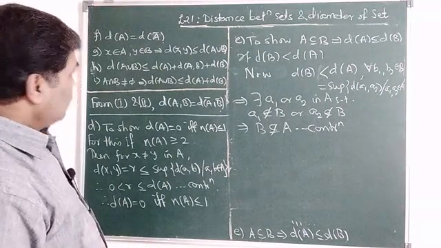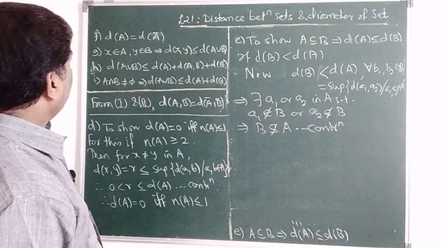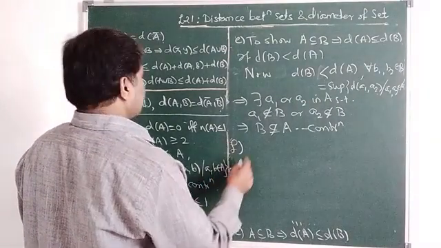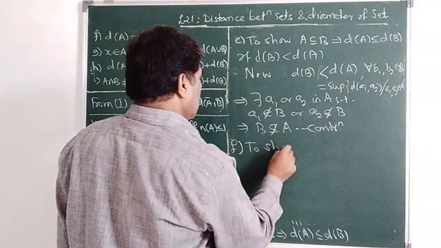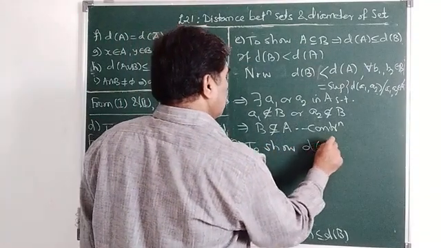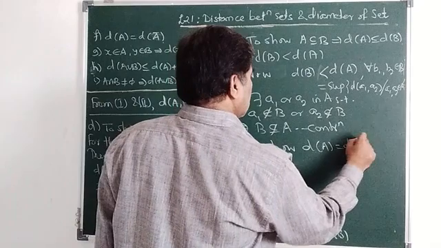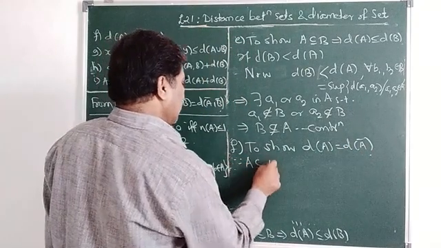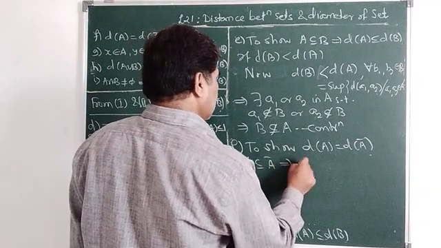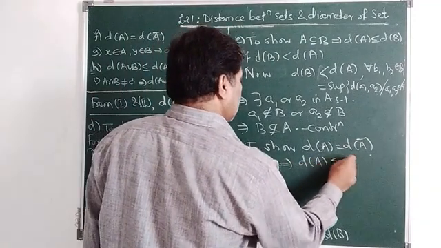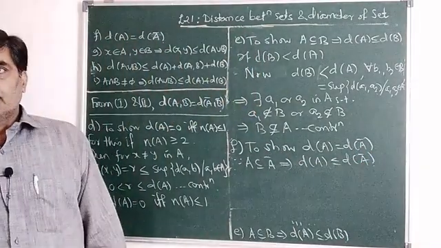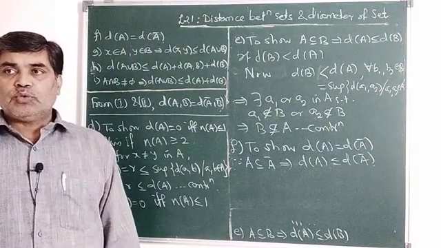Now we have to prove part F. To show diameter A is equal to diameter of A closure. Now since A is a subset of A closure, this implies diameter A is less than or equal to diameter of A closure.